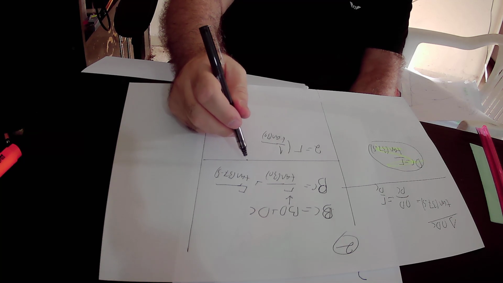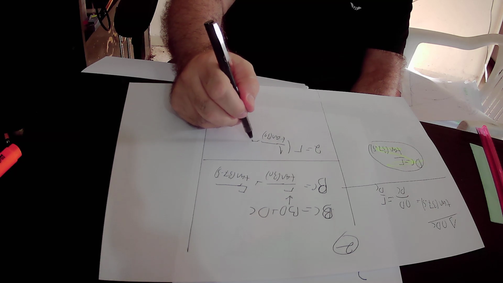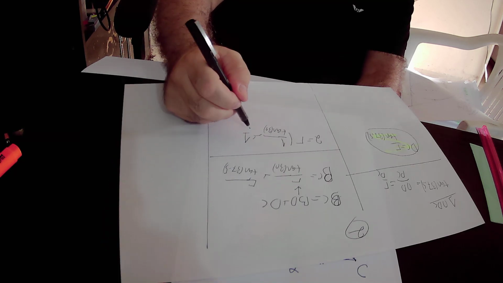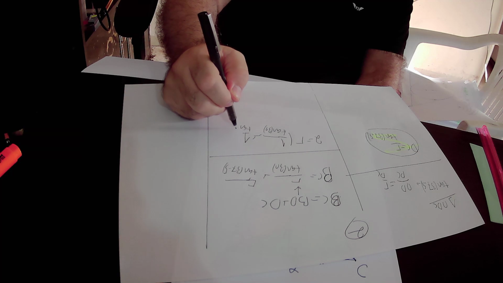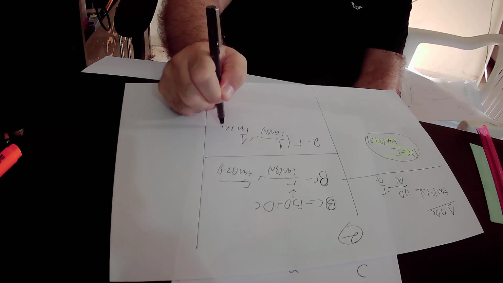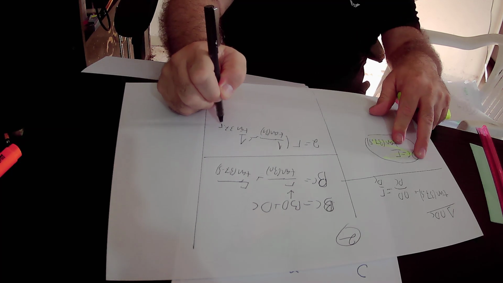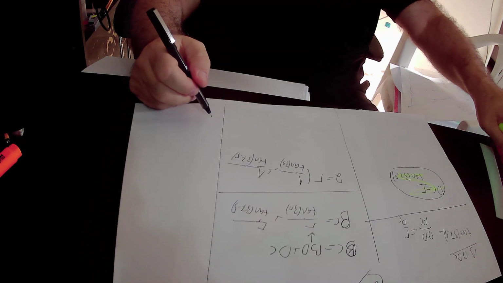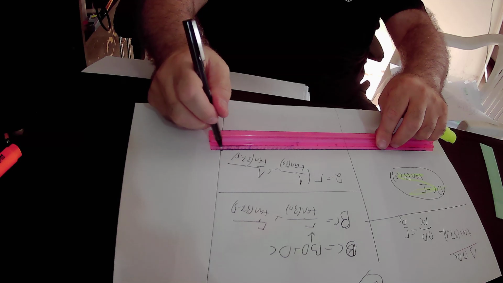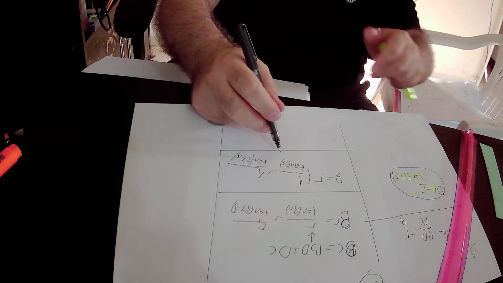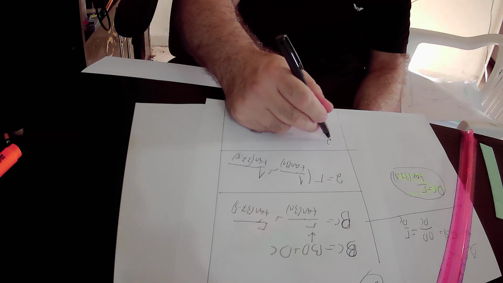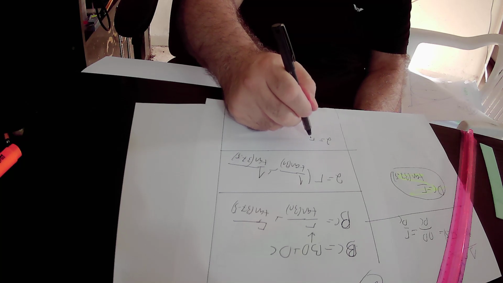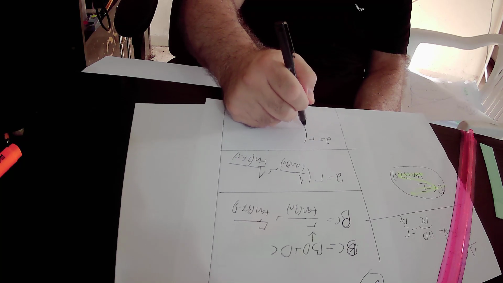Actually 1 over tangent 37.5 degrees. We calculate the values of this expression, we add them together, and this way we find out the radius that we are looking for.